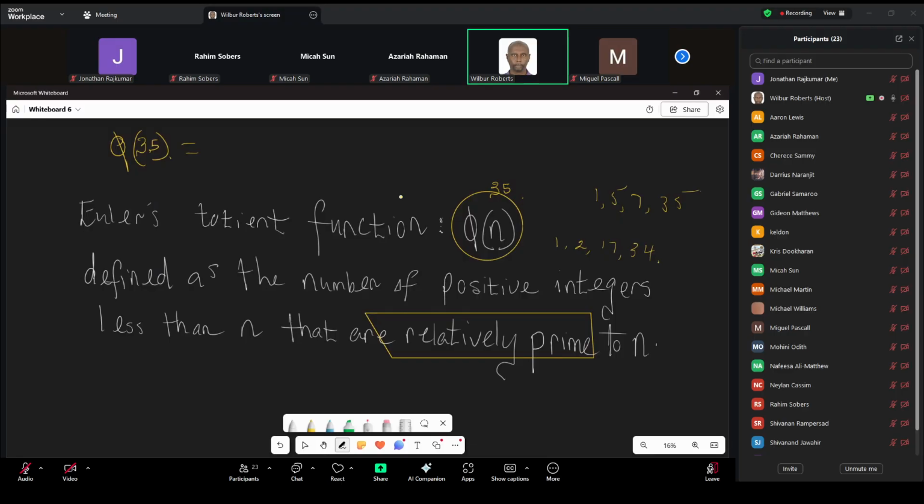So the only common factor they share is 1, right? So if the only common factor they share is 1, then 34 is relatively prime. So 34 is a candidate. If I go to 33, factors of 33 are 1, 3, 11, and 33. Again, you notice the only common factor it shares with 35 is 1.